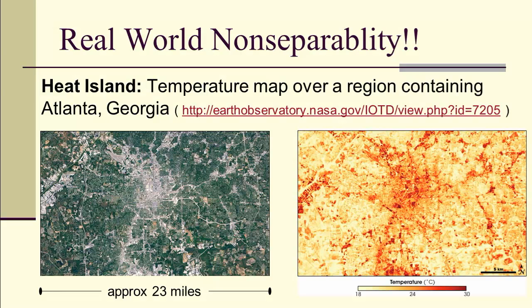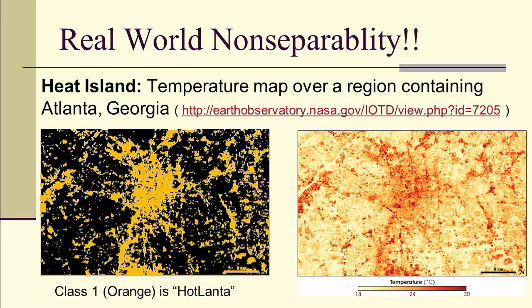The map on the right is a heat map for Atlanta, Georgia. Essentially, across this 23-mile section containing downtown Atlanta, we get this unnatural heating up because of all the asphalt and buildings and activity. And we can think of this as a classifier problem.